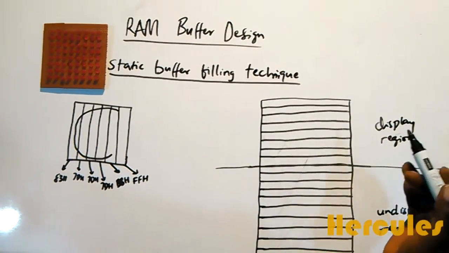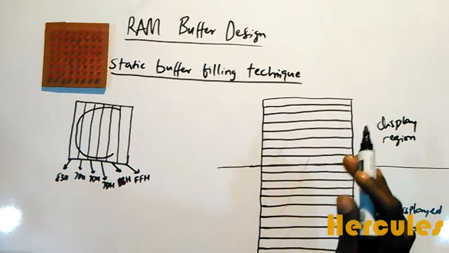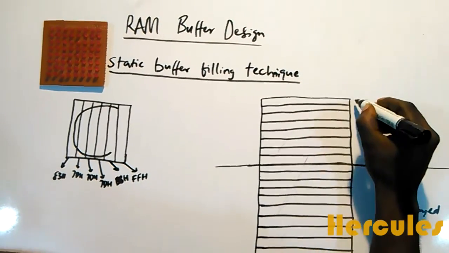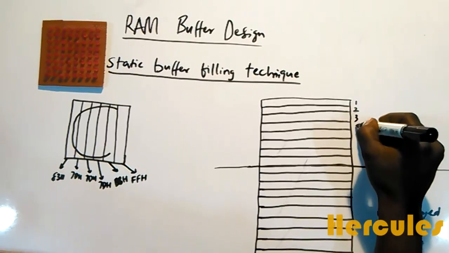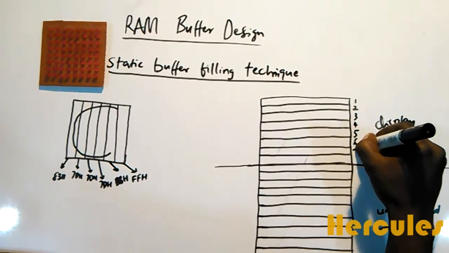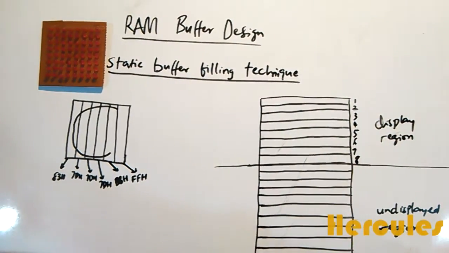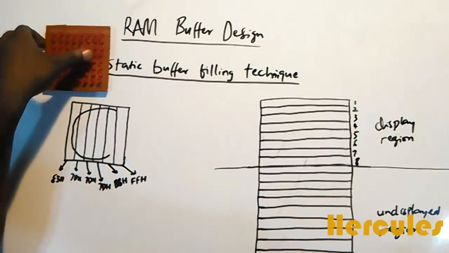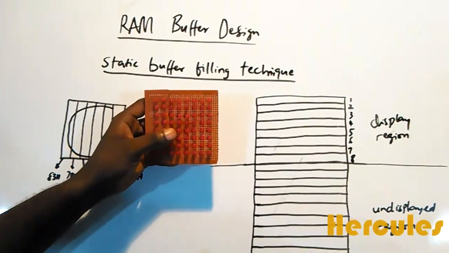For the display region, we've specified 8 bytes or 8 locations: 1, 2, 3, 4, 5, 6, 7, 8. The reason we have only 8 is because we're looking at an 8 by 8 LED matrix.